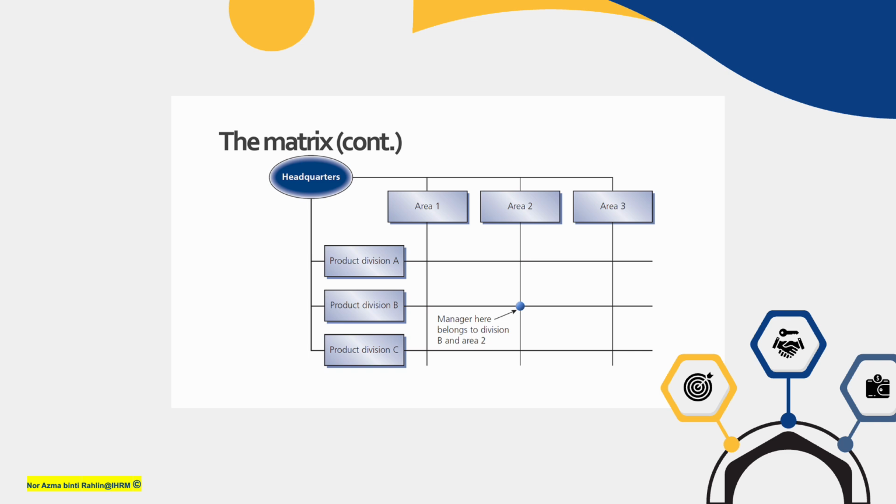Another disadvantage is increased complexity and bureaucracy. Managing multiple reporting lines requires extensive coordination, leading to inefficiency and delay in decision making. Decision making becomes longer and may also cause higher cost of operations. The need for additional management layers and coordination effort increases operating costs.